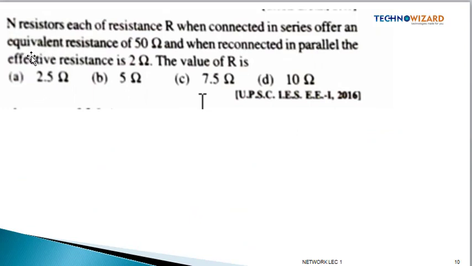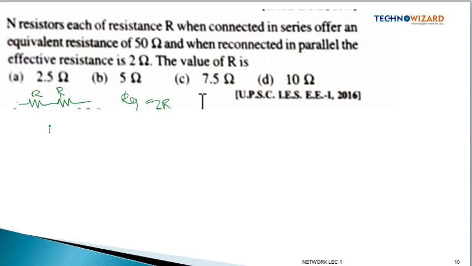Okay, next question is, n resistors, each of resistance R, when connected in series offer an equivalent resistance of 50 ohm. Suppose we have two resistors connected in series, each having a value of R. So what will be R equivalent? R equivalent will be 2R.